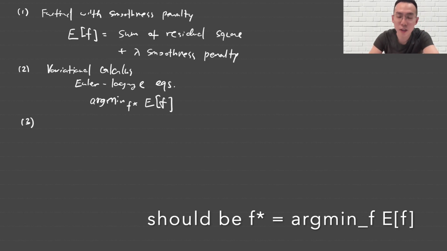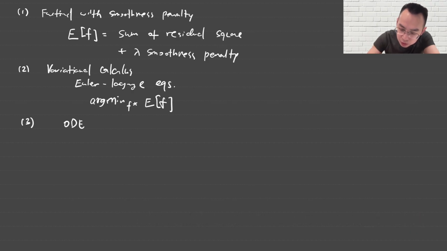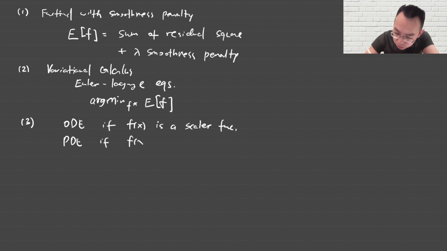That will give us an ODE if the dimension is one, if f(x) is a scalar function, and then that's going to give us a PDE if f(x) is a multivariate function.